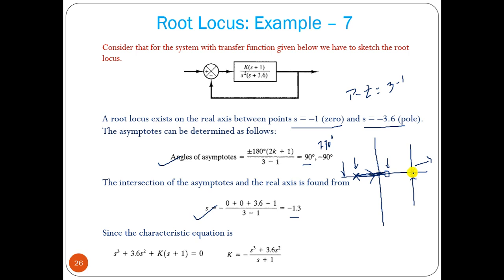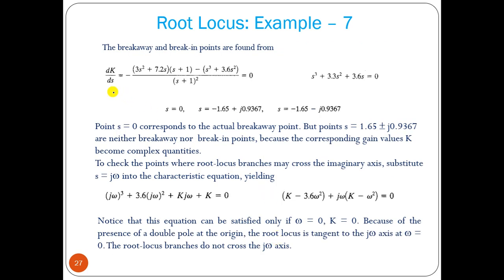So these two poles should go along this asymptote to infinity. Let us find the breakaway point. This is the characteristic equation. From that we can find k, put dk/ds equal to 0, and we get 3 breakaway points.